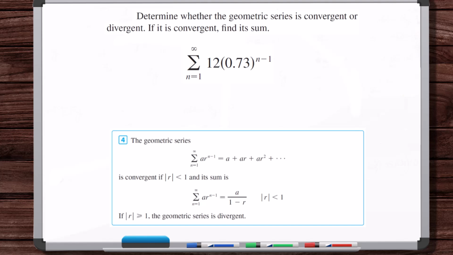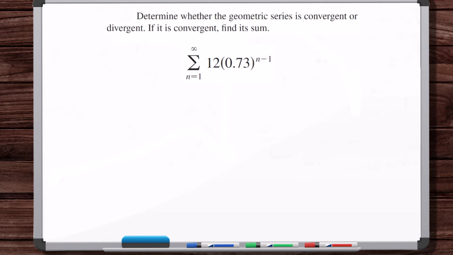It's more about just being able to identify what the first term is. So when we're starting at 1, we plug in 1, we get 0.73 to the 0 power. So we see that A is equal to 12. And then we can see what the common ratio is just right there.